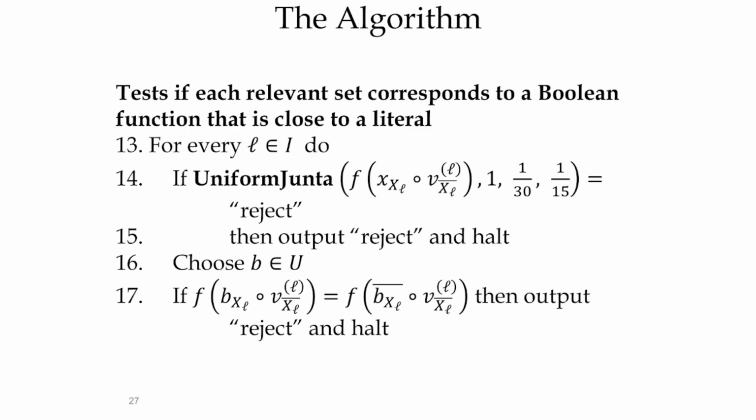In line 13, we go over all the relevant variables of the relevant sets. And in line 14, we activate the function on x subscript capital X L concatenation V subscript capital XL bar powered by L.